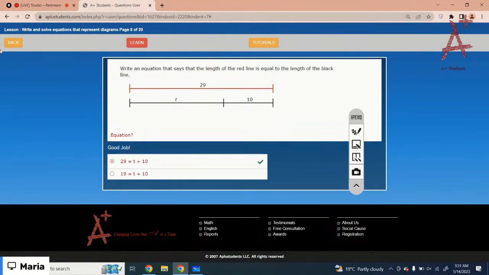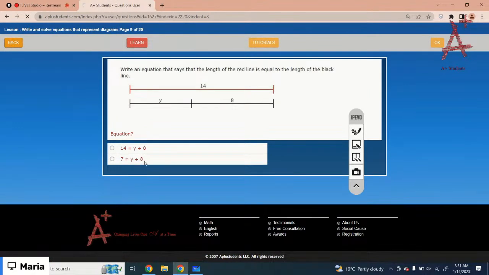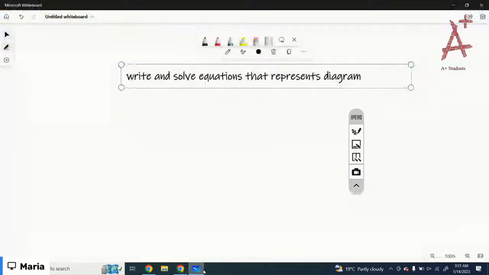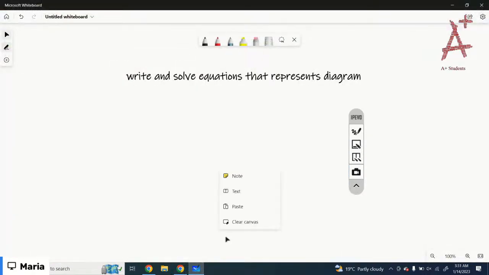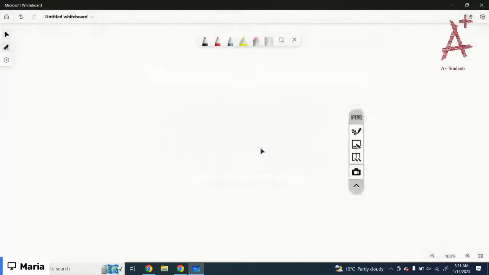Okay, you can complete the test by yourself later today. Let me just move on to the next lesson. Got it? And let me just write down the name of the next lesson. The name of the next lesson is solve one step equations.